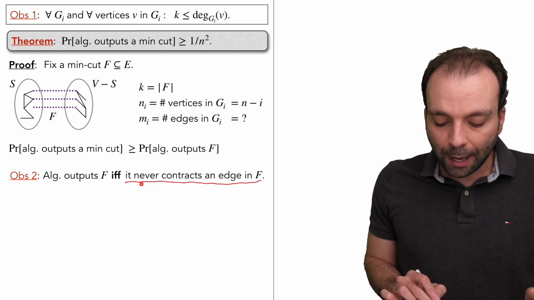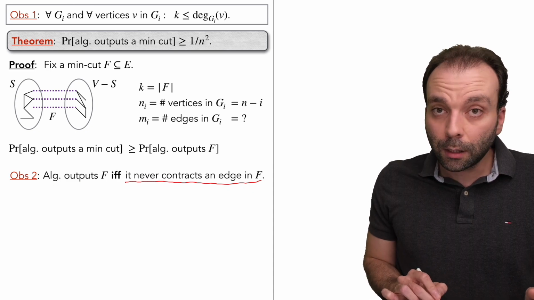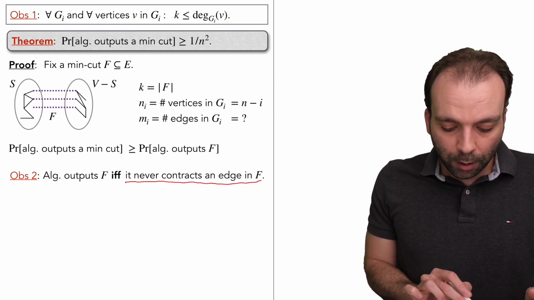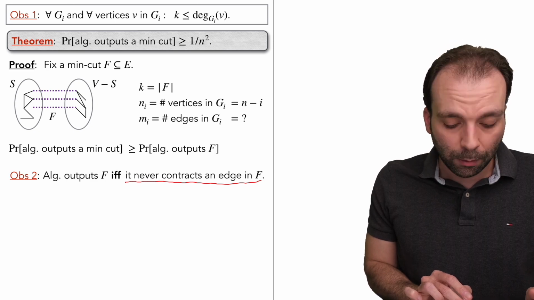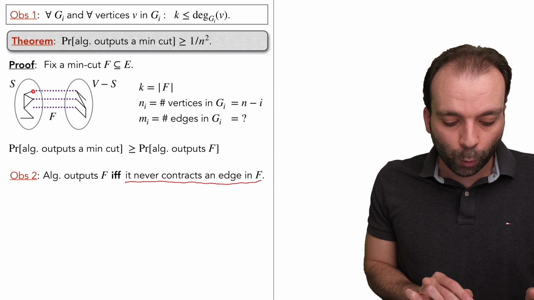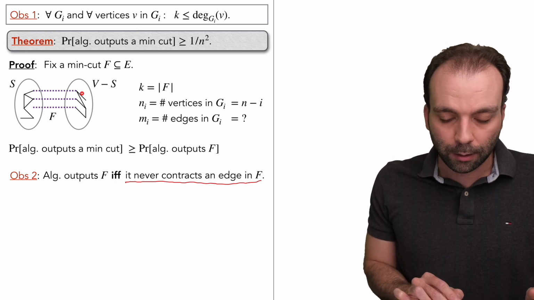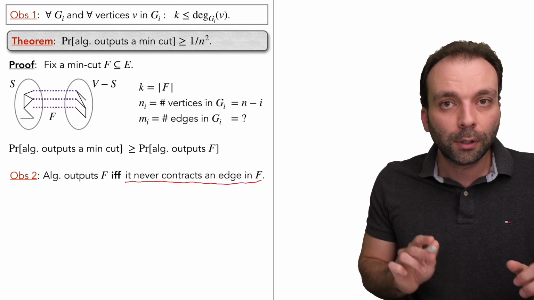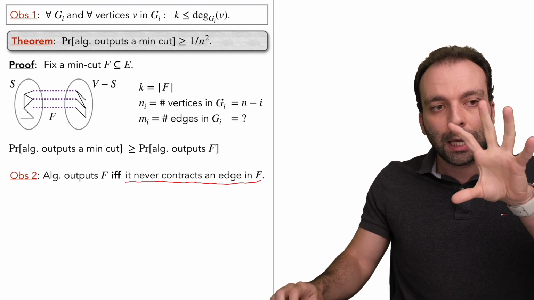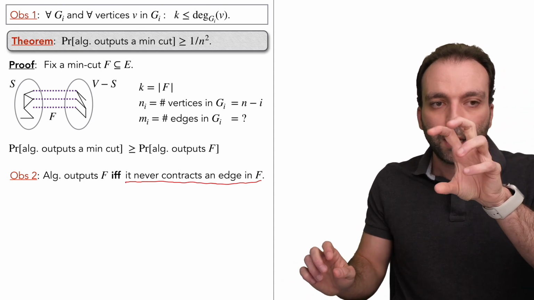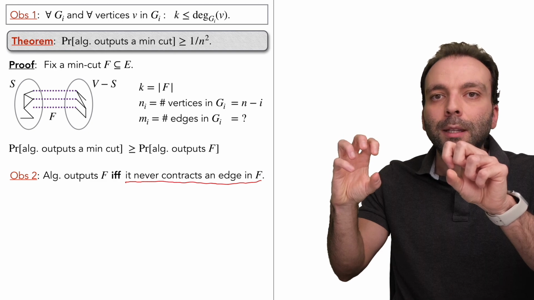Suppose now it never contracts an edge in F. Then does it output F? The claim is yes. Why? Because if you're never contracting an edge in F, then you're going to be contracting edges either within S, or within V minus S. You're never going to contract an edge that goes across from S to V minus S. So you keep contracting edges in S and edges in V minus S. And when does the algorithm stop?